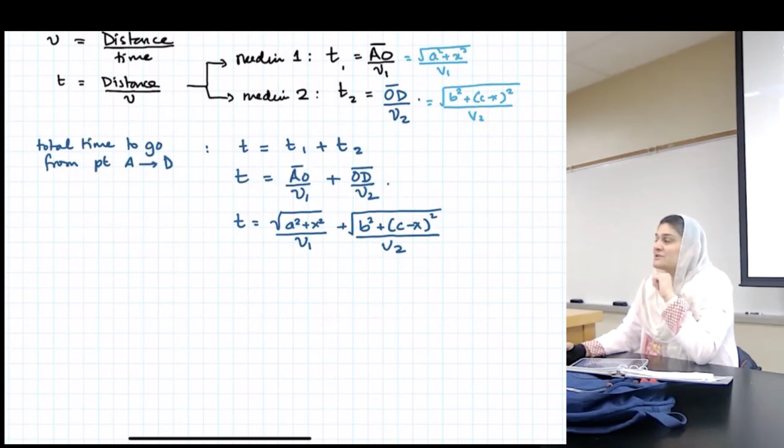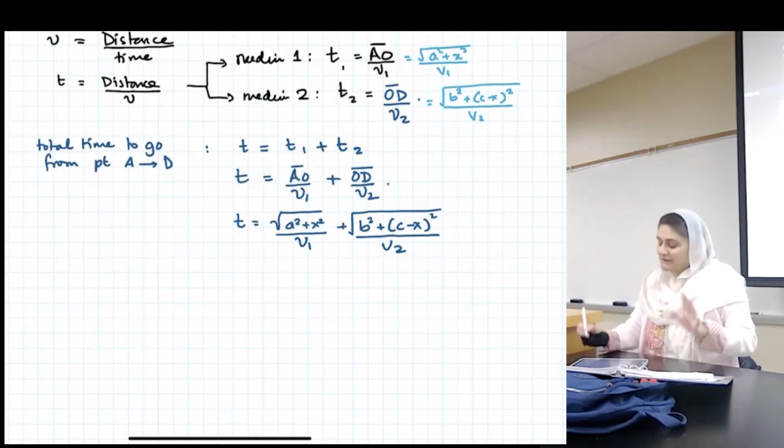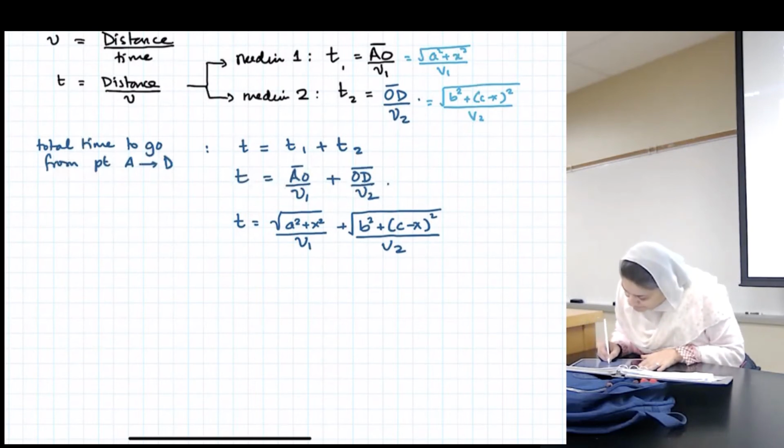Speed equals distance over time, correct? What are the three variables we have? T, x, and v. How will we minimize time? We have to take the differential of time with respect to x. Because we are minimizing time, we have to do dt over dx. Okay, so we have to now minimize time.